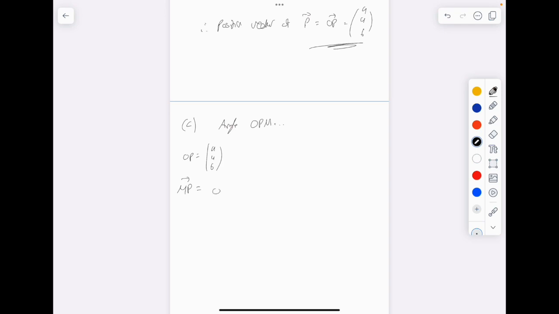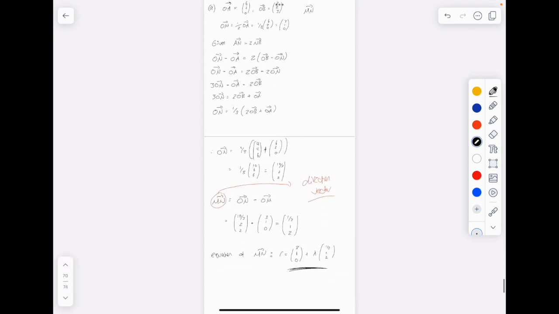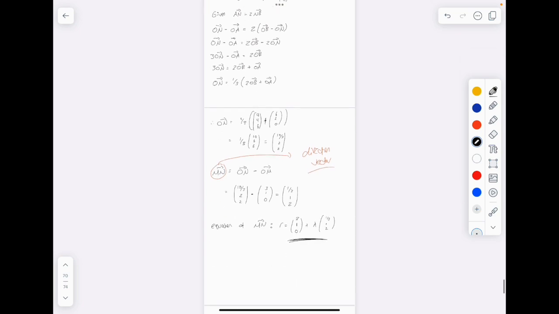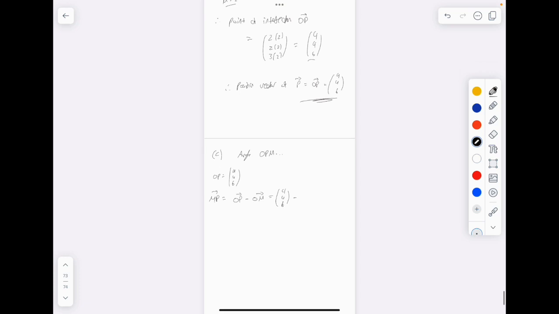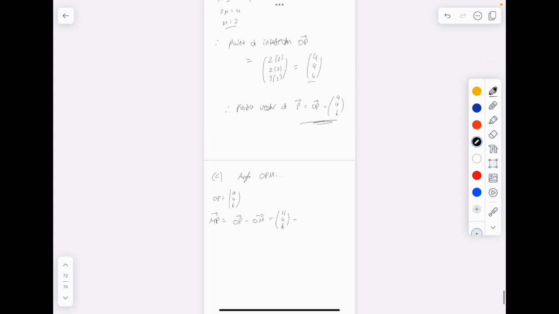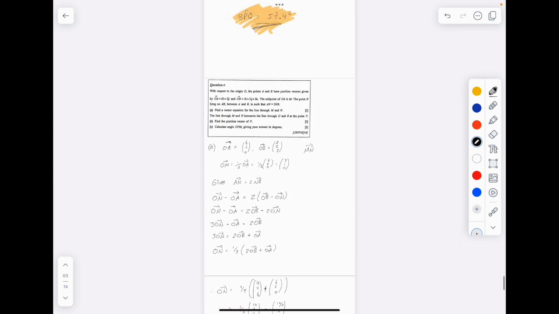Well, that's going to equal OP minus OM, which is going to be 4, 4, 6 minus OM, which we calculated earlier. Where does OM pop up again?